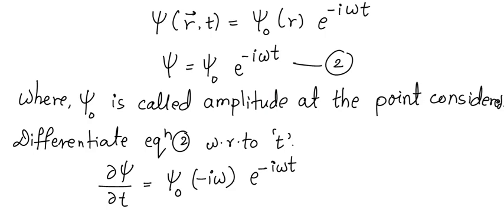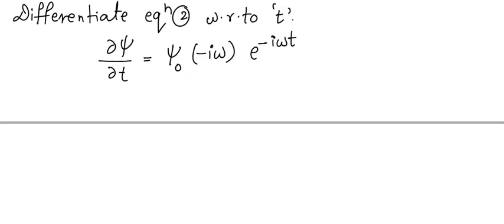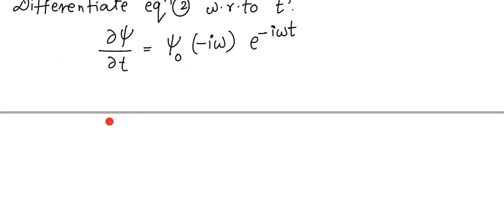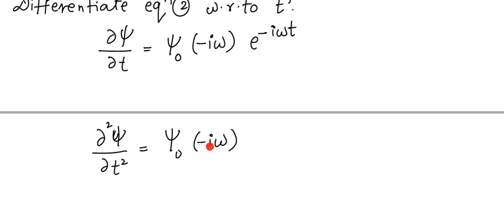But we actually need the second order derivative. Del square psi by del t square is equal to psi naught times minus i omega whole square e to the power minus i omega t.